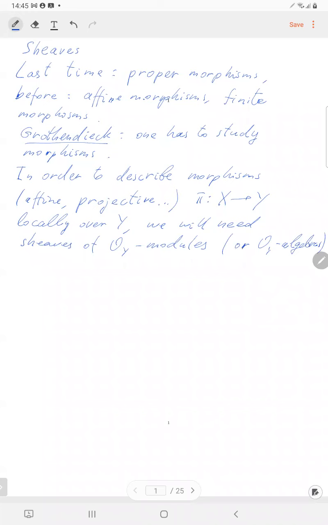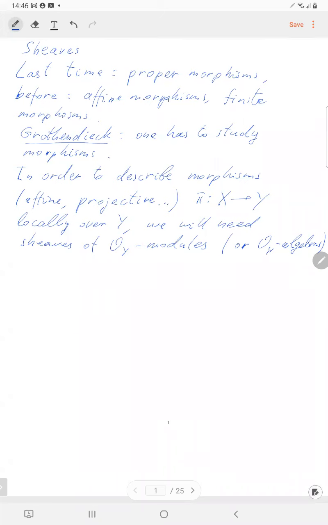Okay, so far we only encountered one sheaf, just OY itself. But from now on, we will need to use many more sheaves, and they will all be sheaves of OY modules. In fact, not arbitrary OY modules, but some specific ones called coherent or quasi-coherent OY modules.